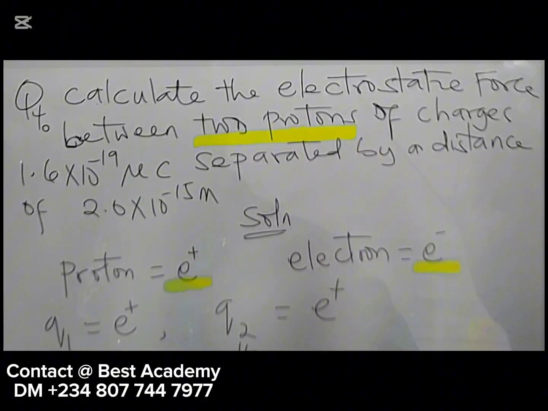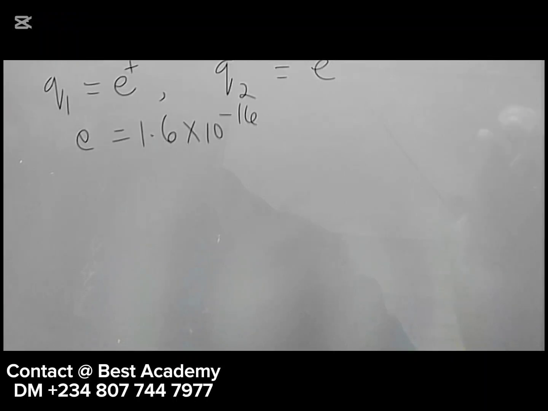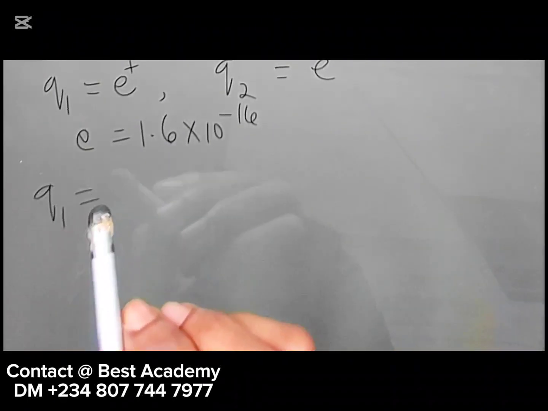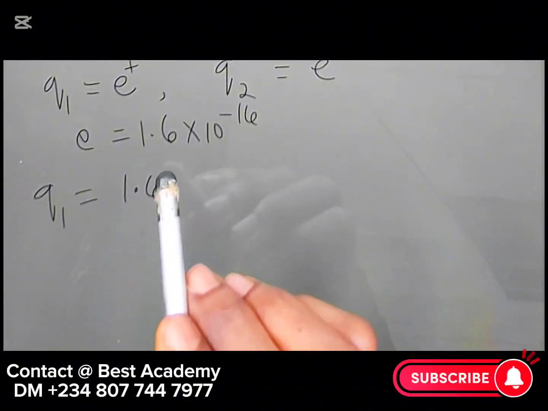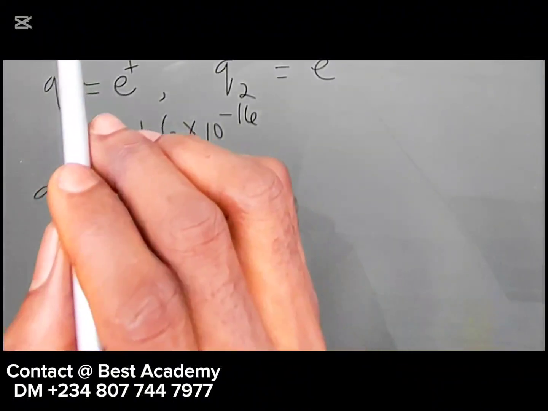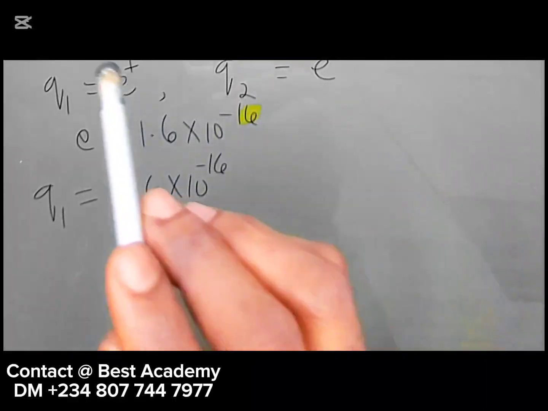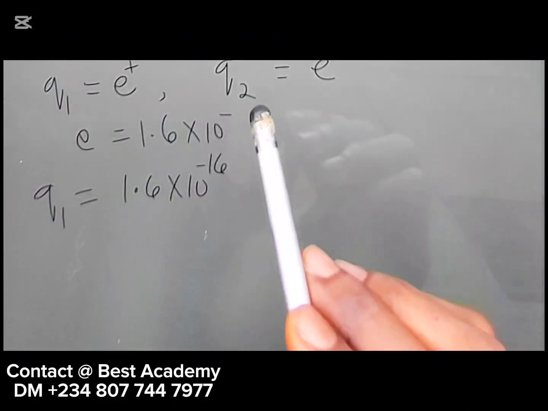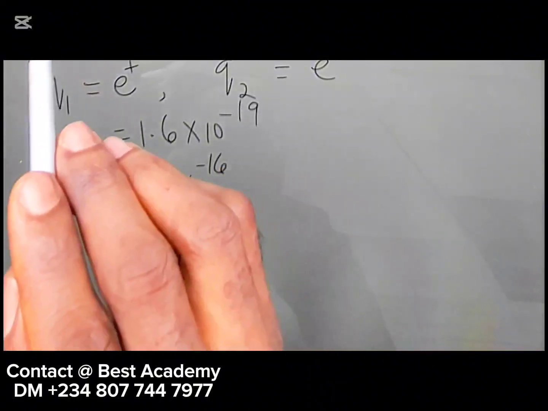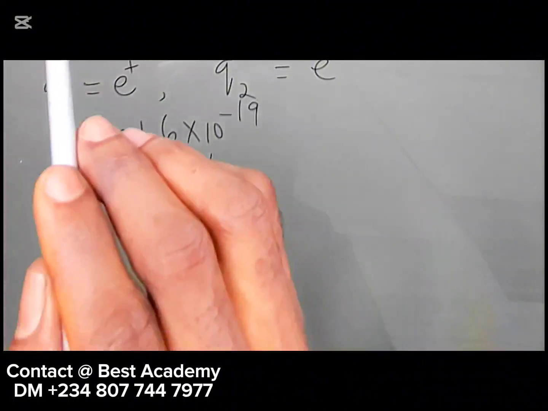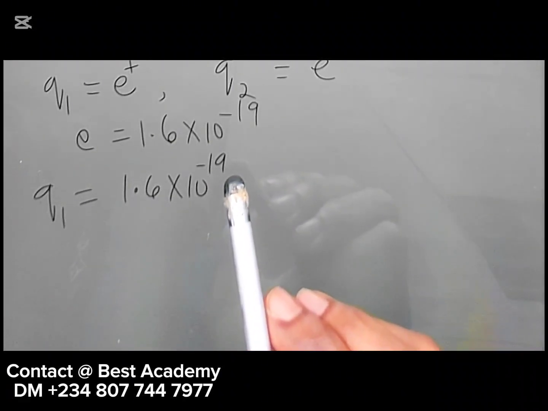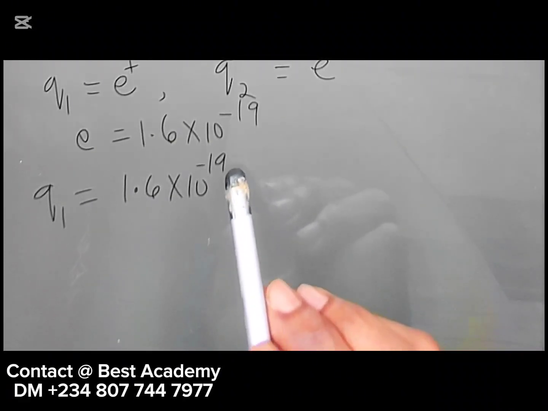Okay, but if you look into the question here, the charge of the proton is already given to us. That means Q1 will be equal to 1.6 times 10 to the power of minus 19, sorry, not 16, minus 19. There is actually a prefix attached to it, which is microcoulomb.